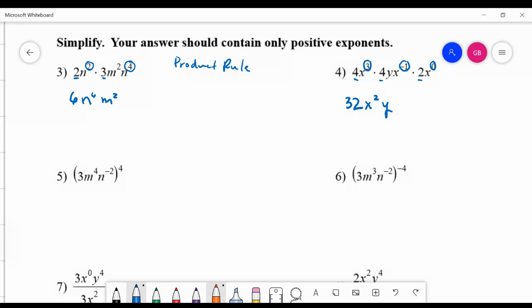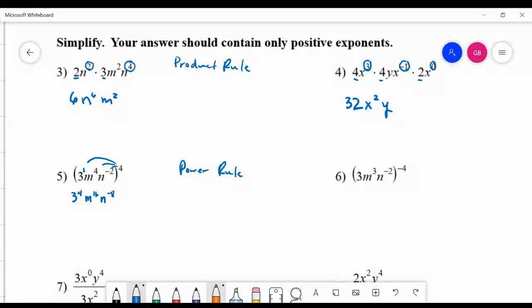Number 5, we have a power of a power, so we're going to apply the power rule. So when there's an exponent outside the parenthesis, you're going to distribute the exponent to everything inside. Even the 3 has an exponent of 1. So you're going to multiply 4 times those exponents. So 3 to the 4th power, m to the 16th power, and then n to the negative 8th power.